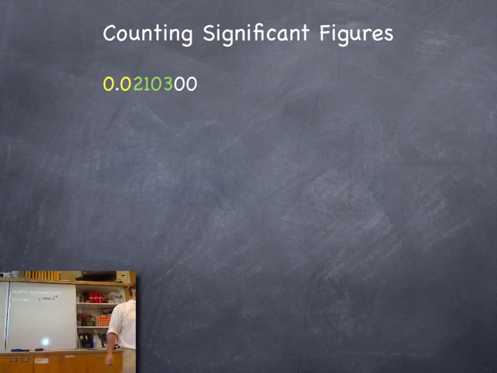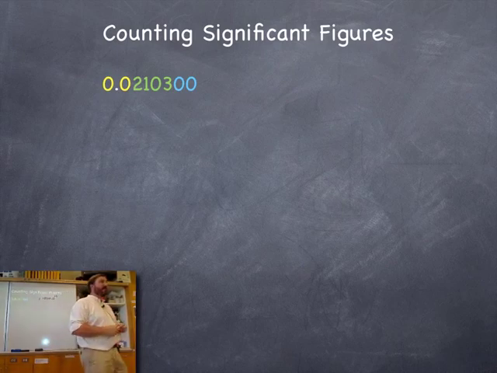So we have leading zeros, which are never significant, captured zeros, which are always significant. That leaves us with our trailing zeros, zeros that are to the right of our non-zero numbers. And we go, okay, that's good. And we say, uh-oh, it depends.